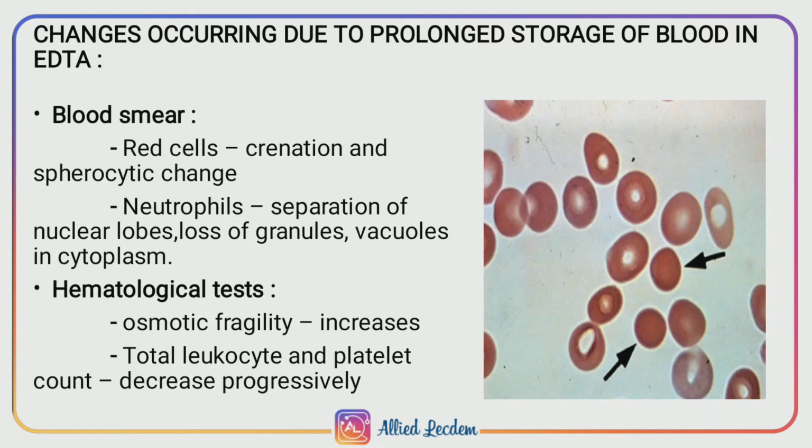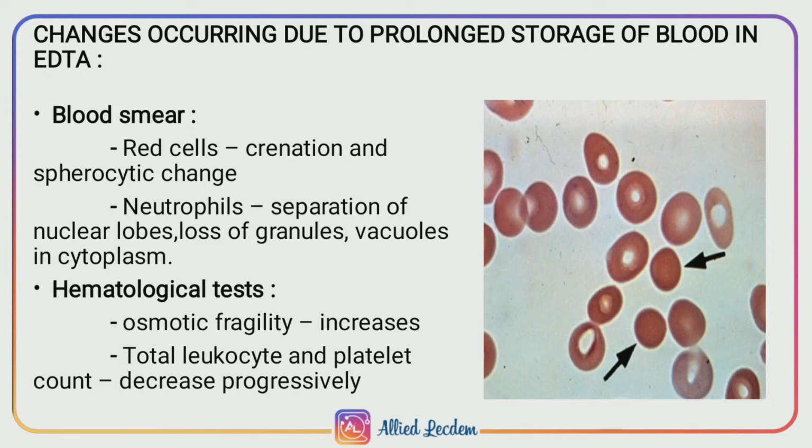Changes that occur due to prolonged storage of blood in EDTA. So, in blood smear, the red cells will show crenation and spherocytic change as displayed in the picture, and in case of neutrophils, it will cause separation of nuclear lobes, loss of granules and vacuoles in cytoplasm.